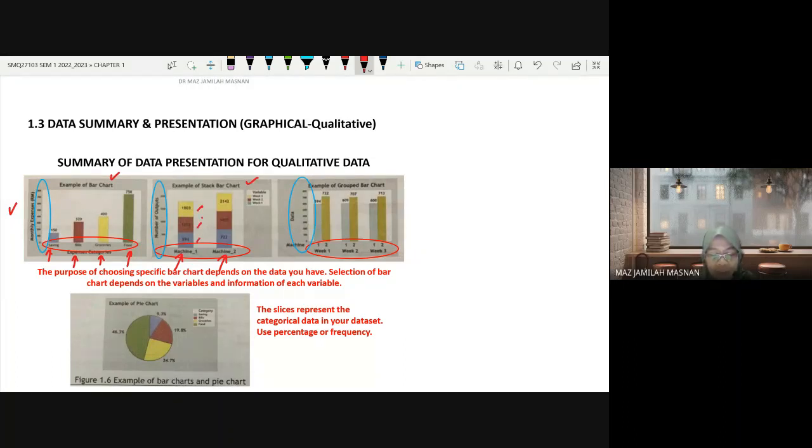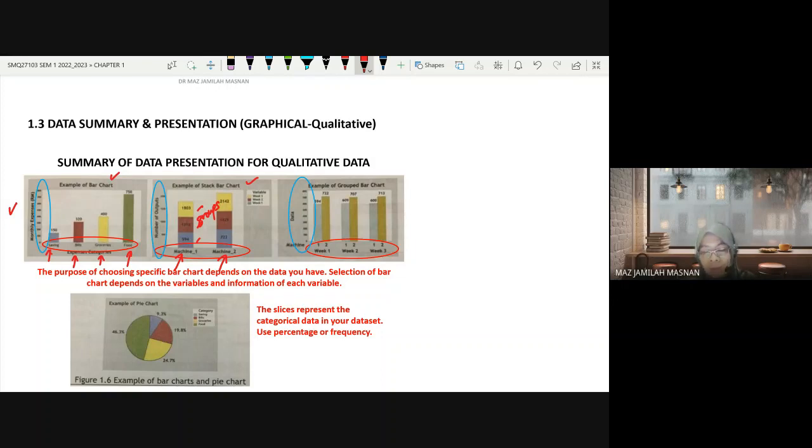So this one reflects the groups, and this one reflects the categorical variable.